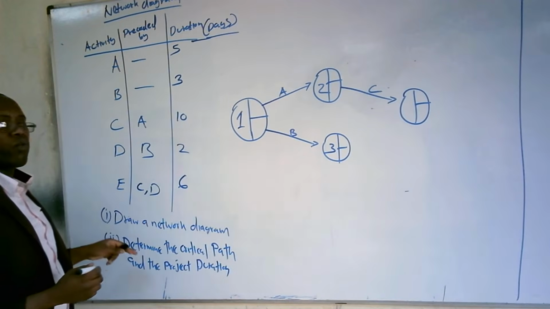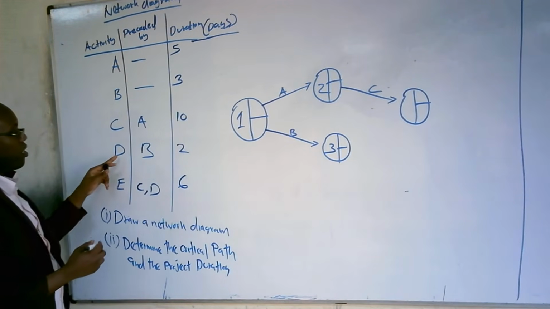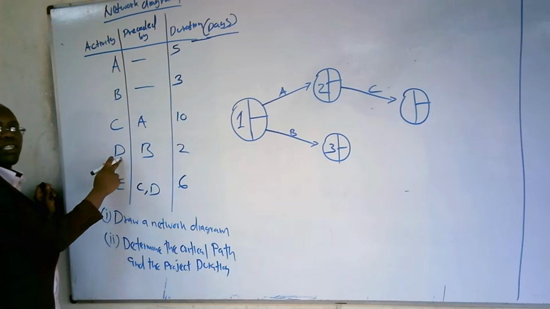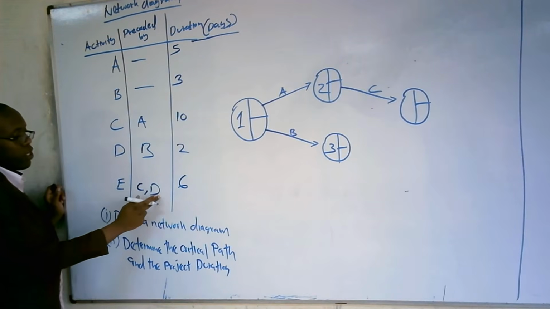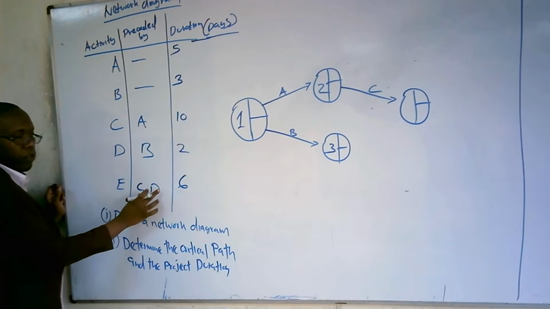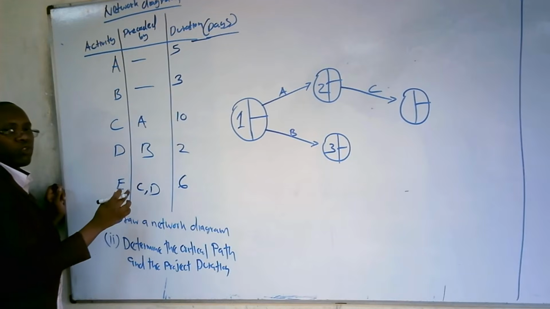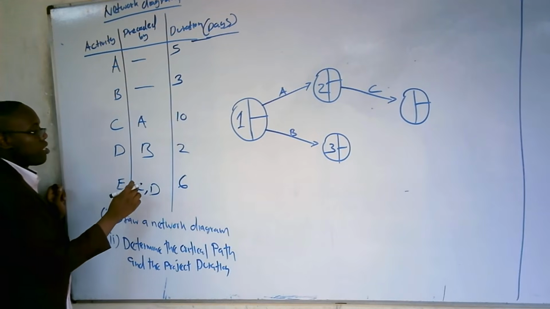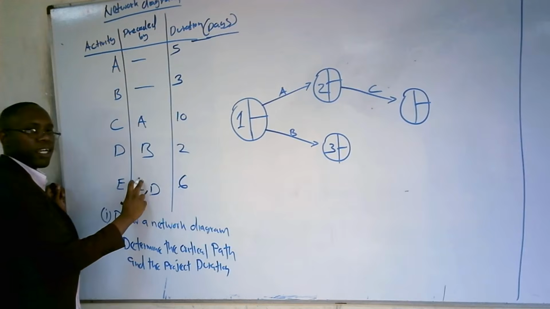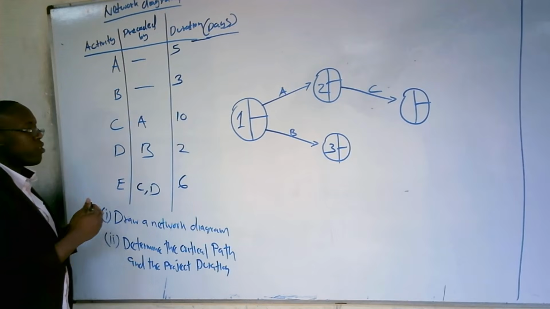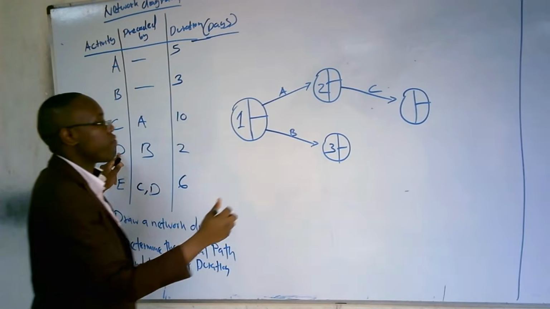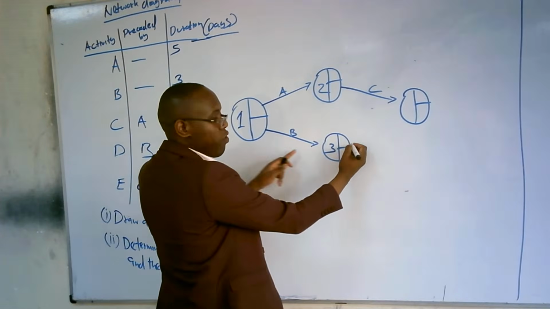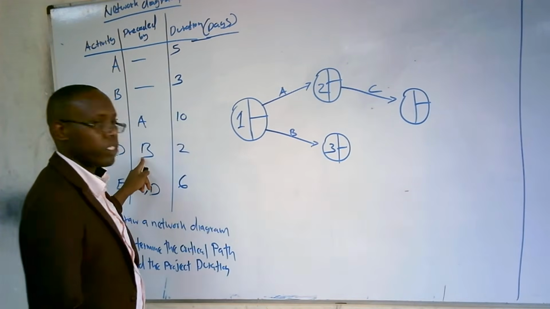But again, we have to check whether activity D is a predecessor of another activity. Yes, it is a predecessor of E, because you can see D here. So that reminds you again that activities C and D are supposed to end together for you to start E. So D is going to start from where B ends, as the question is saying.